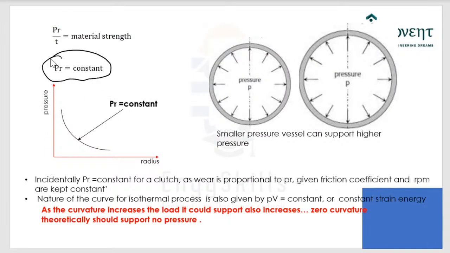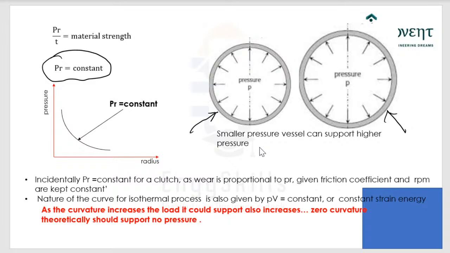So that means a bigger pressure vessel with smaller curvature but larger radius cannot support higher pressure. It is the smaller pressure vessel with larger curvature but smaller radius that can support higher pressure.